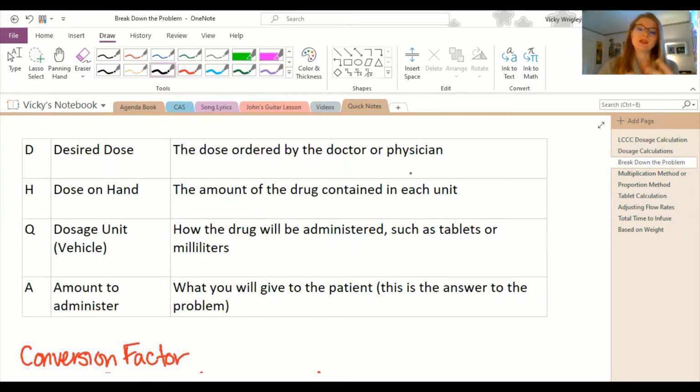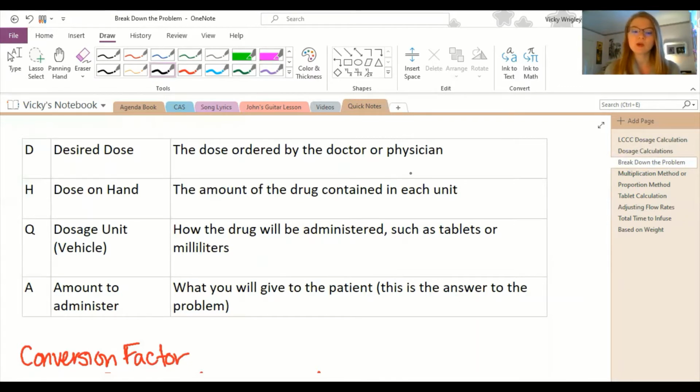Is it going to be via tablets? Is it going to be via IV or a liquid, which would be a milliliter amount? It's also known as the vehicle because it transports the drug into the patient. So the dose on hand is the amount of the drug that is contained within each unit. This is usually a milligrams or milliliter situation.